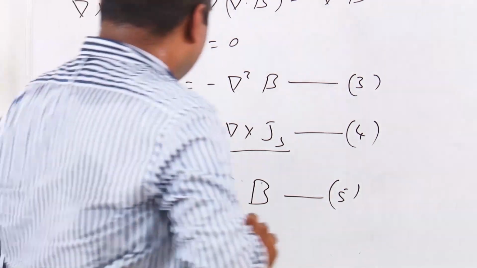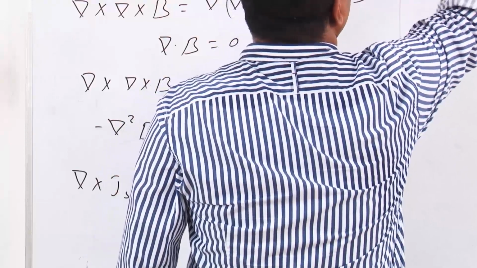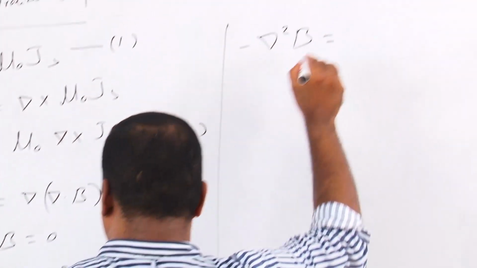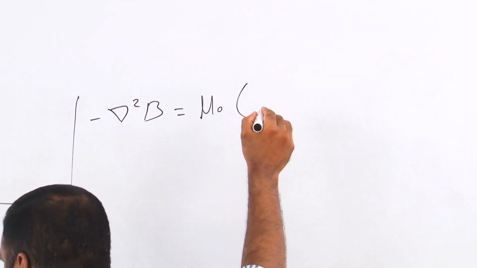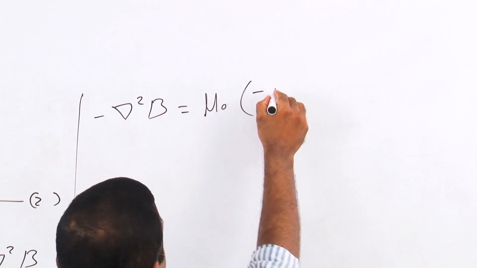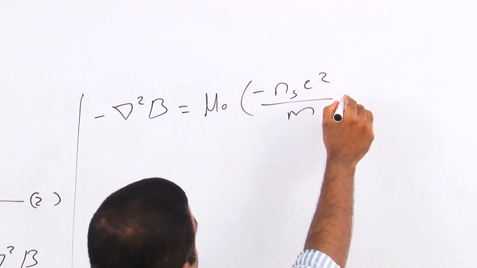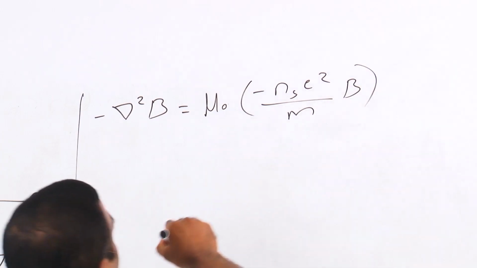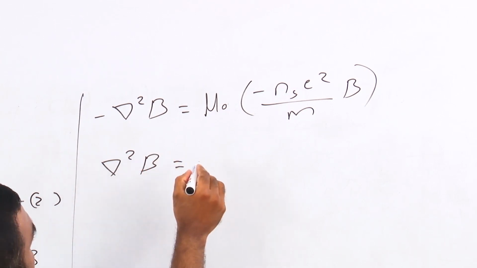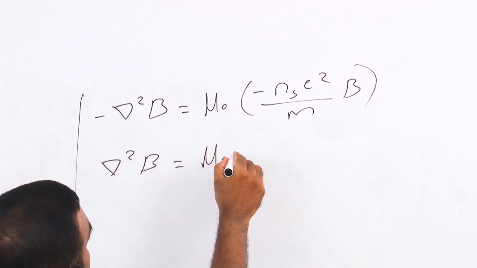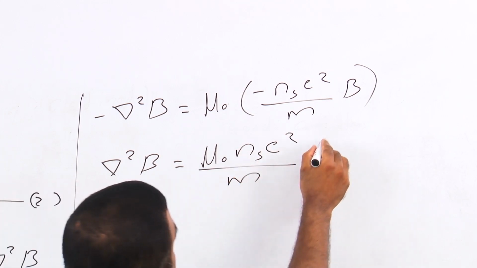Then equation 4 becomes minus del square B is equal to mu 0 into minus ns e square by m into B, or del square B is equal to mu 0 ns e square by m into B.